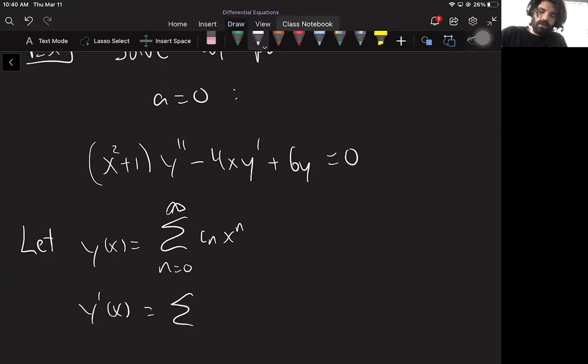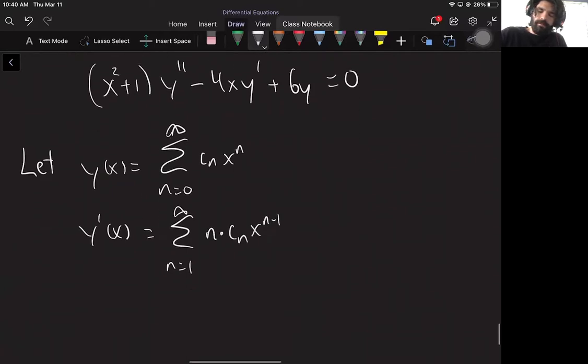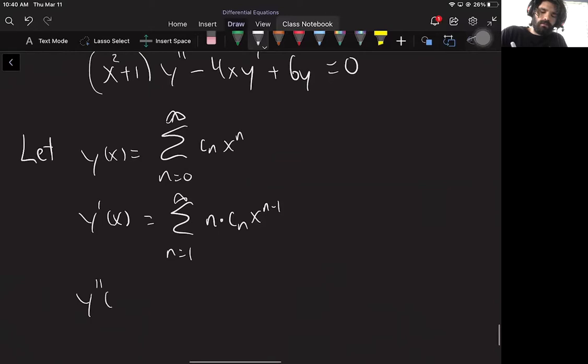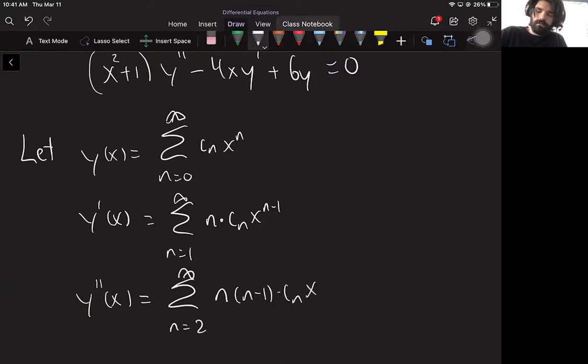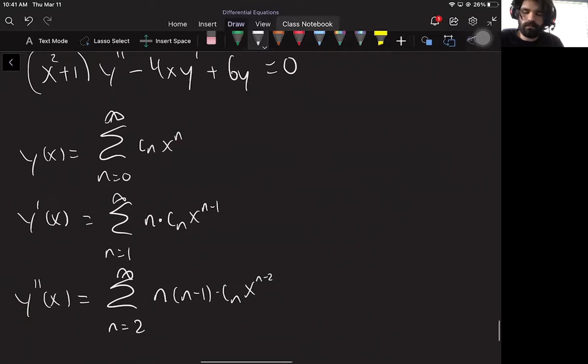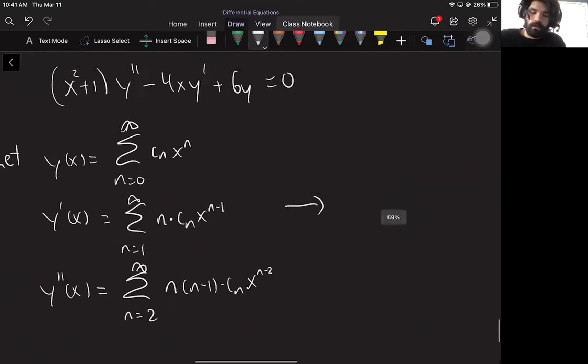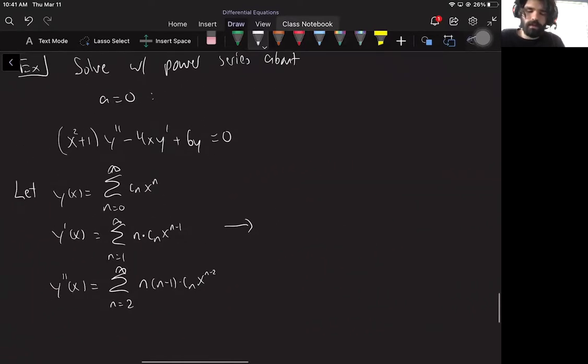So this all works the same. Take the derivatives that you need, and plug them in. But now it looks a bit more complicated than the previous one, but actually it's going to turn out to be much easier, interestingly. So lots of things can happen.